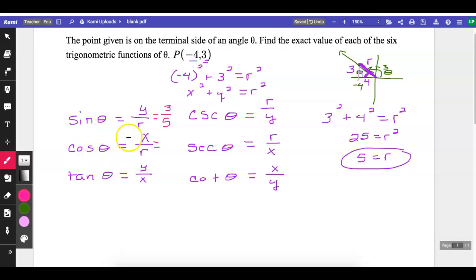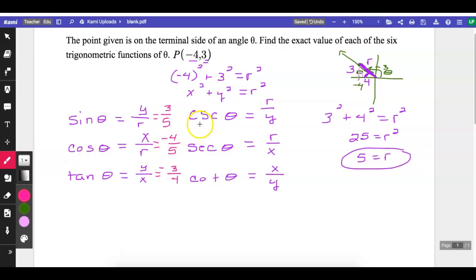The cosine is x over r. In this case, x is -4, so we have -4 over 5. The tangent is y over x, so it's 3 over -4, but we don't leave a negative in the denominator. So either put it in front of the whole fraction or in the numerator, and it becomes -3/4.